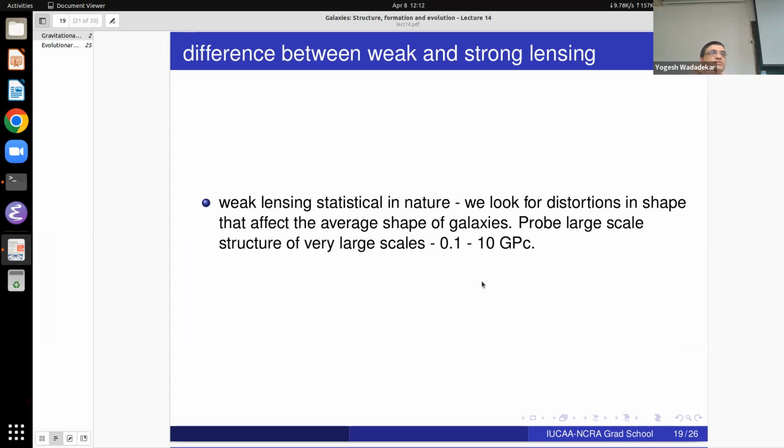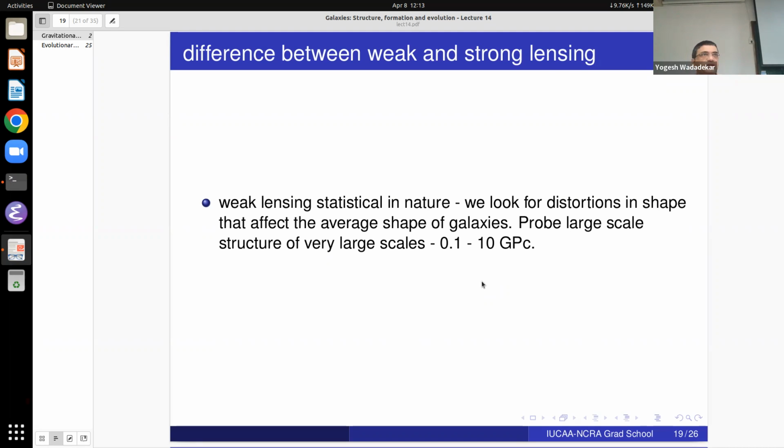Strong lensing is where you see arcs. Weak lensing is where you don't see any separate lensed images or arcs. It's something that is statistical in nature. Here we look for distortions in shape that affect the average shape of galaxies. Anything along the line of sight can affect the shape.